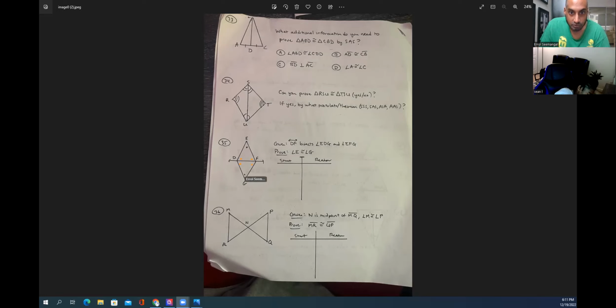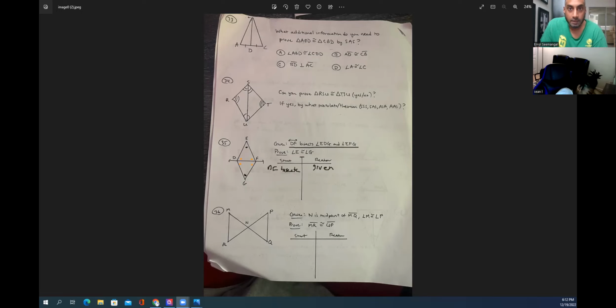So first thing, what are we going to write? Given. Then the reason will be given. What's the first statement though? First statement is this right here. DF bisects, whatever exactly what's written here.